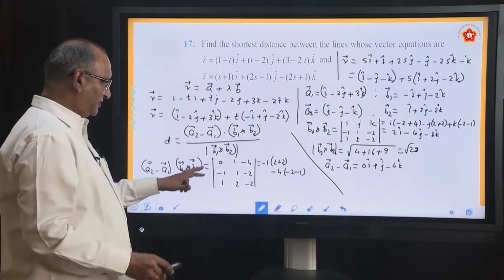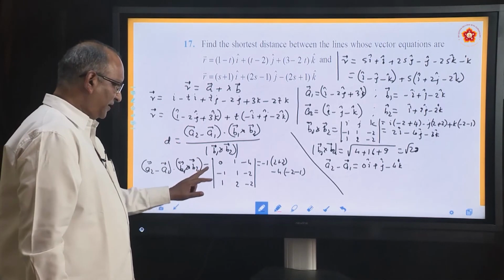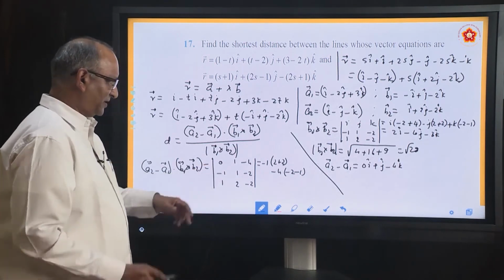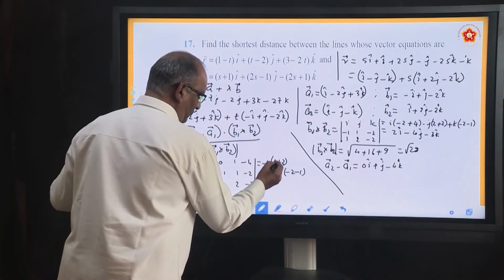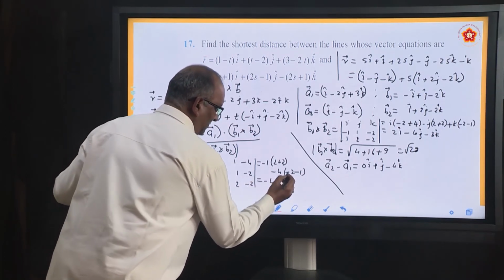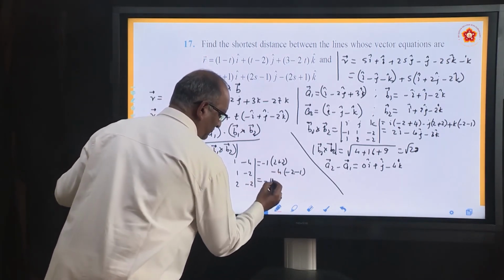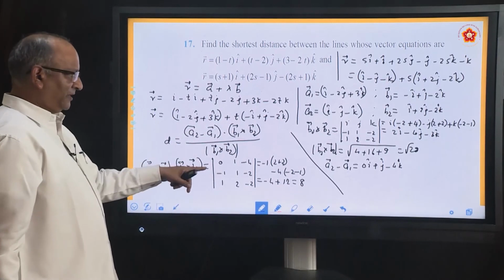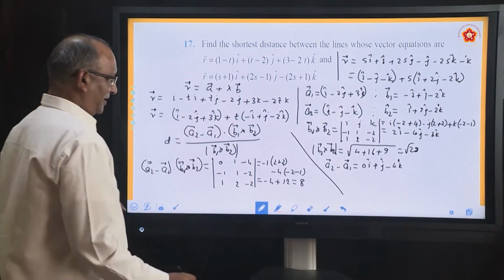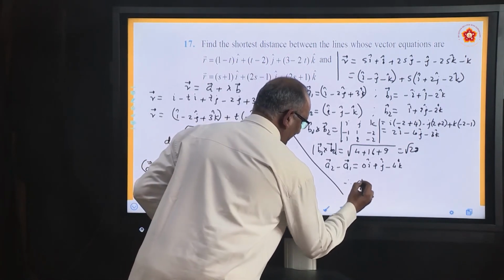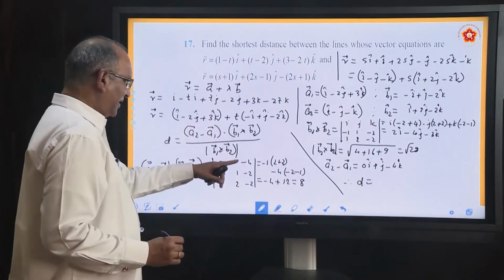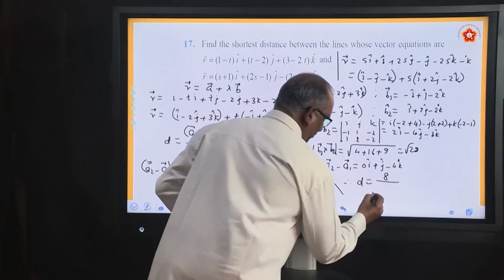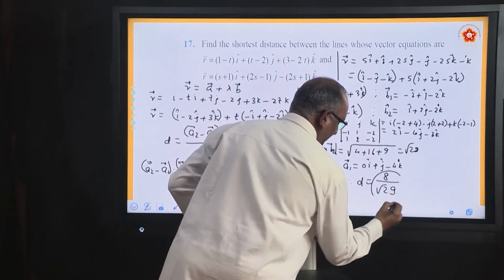So 2 plus 2 is 4, 4 into minus 1 is minus 4. Minus 2 minus 1 is minus 3, minus 3 into minus 4 is 12. The answer is 8. So we got the numerator and the denominator, substitute. Hence D is equal to 8 upon root 29. This is the answer.